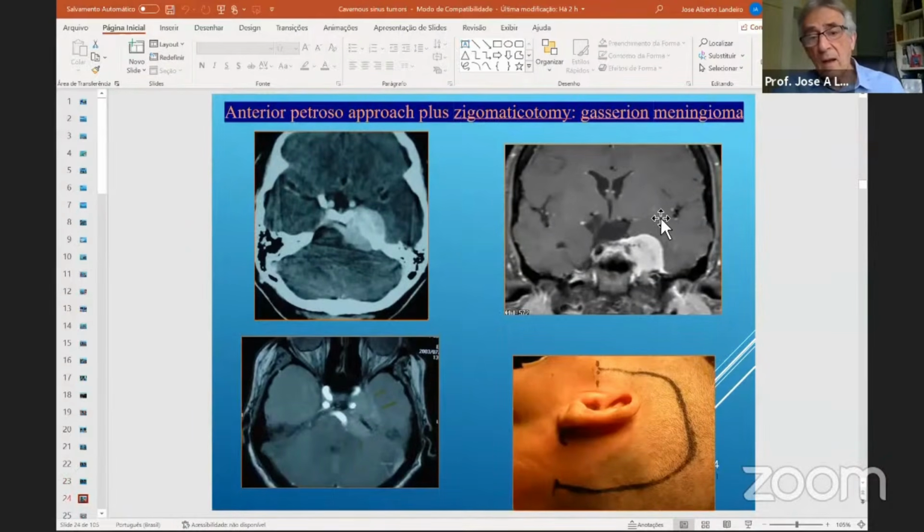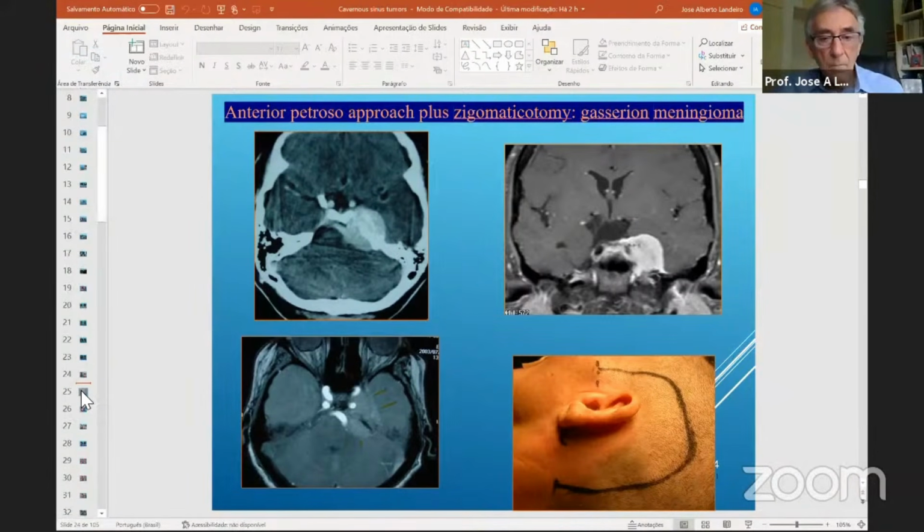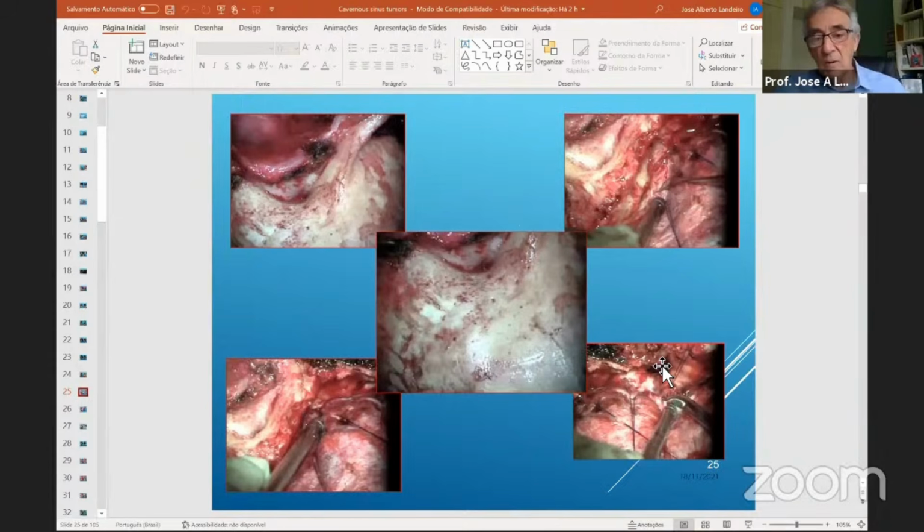But sometimes I have a tumor placed on Meckel's cave that compresses the cavernous sinus, and as you can see here, I used the approach to the middle fossa.